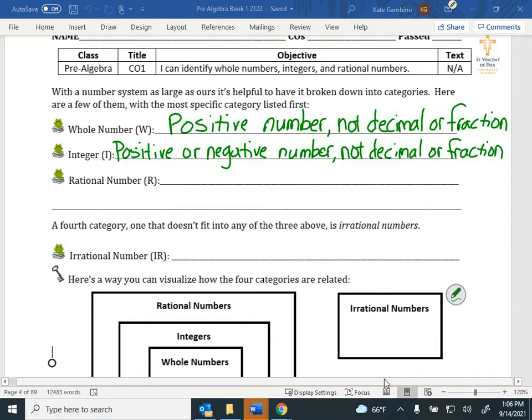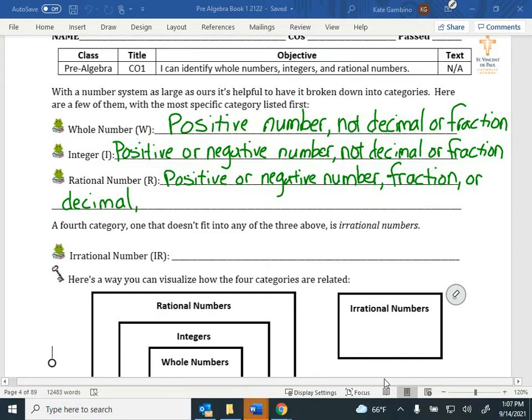Then we move down to the rational number. Now, the rational number really opens up. So we have positive or negative number. It can be a fraction, or a decimal that ends or repeats.